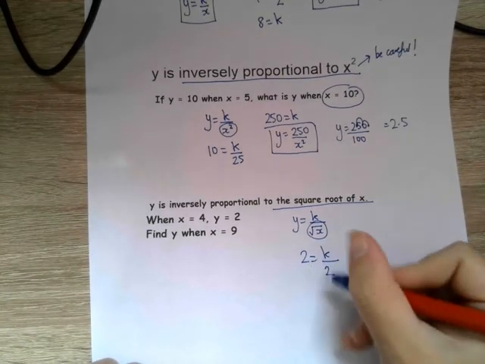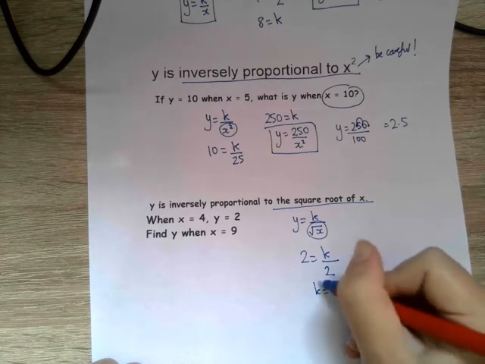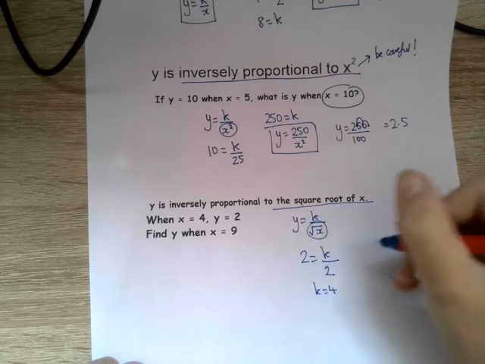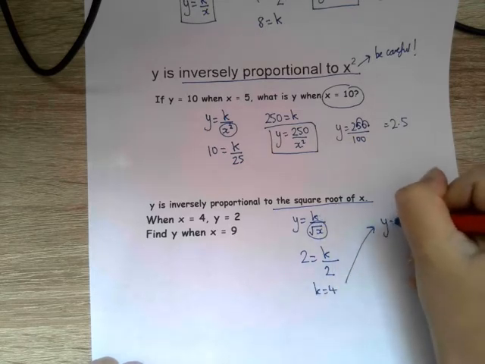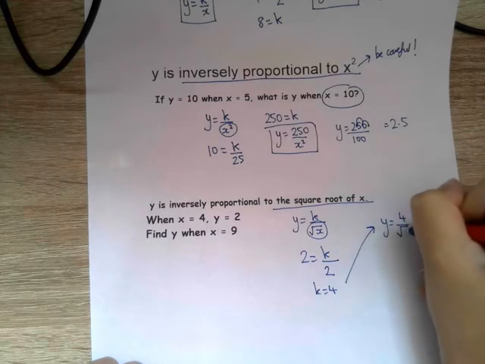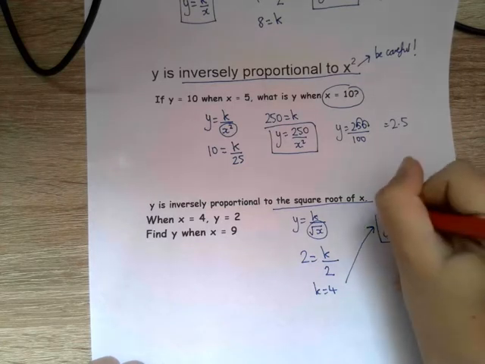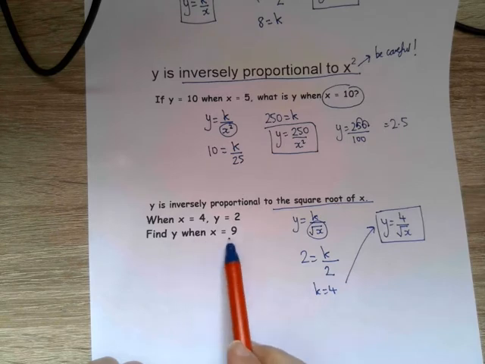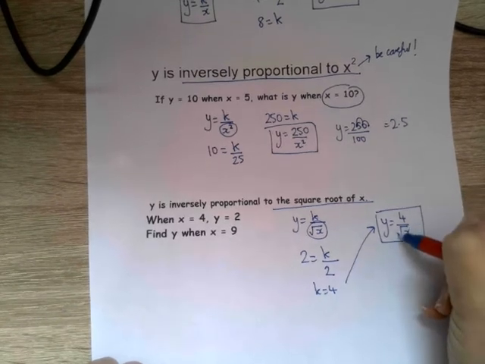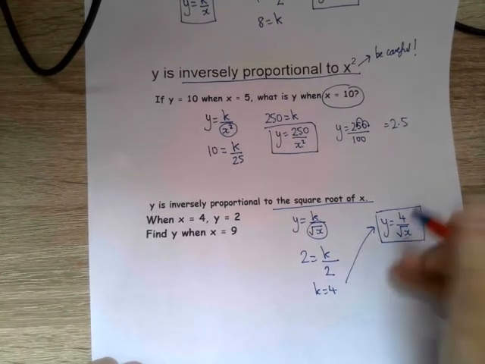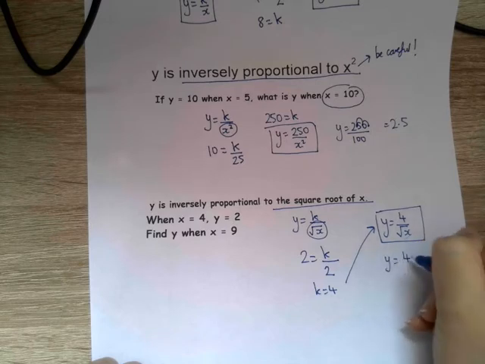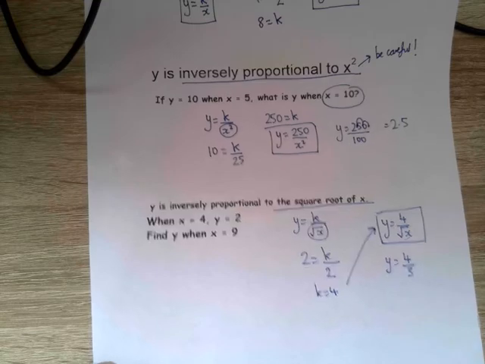So 2 times 2 is 4. As soon as you've got k, put it back into that starting equation. So y equals 4 over the square root of x. That's my equation. I need to find y when x equals 9. So again, don't just put 9 in, we've got to square root it. So y would be 4 over the square root of 9, which is 3, isn't it? So y would be 4 over 3.